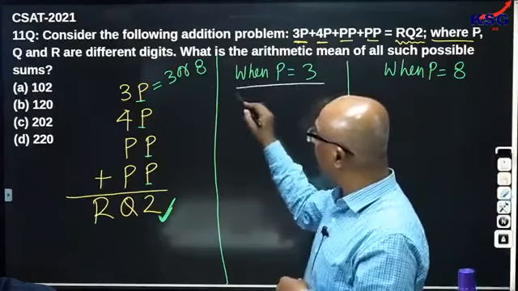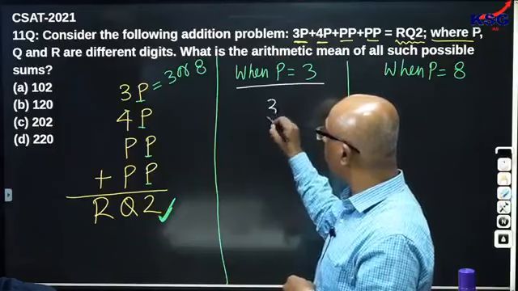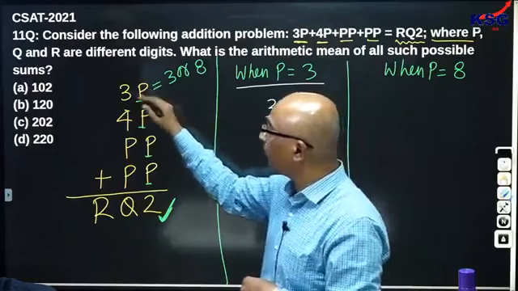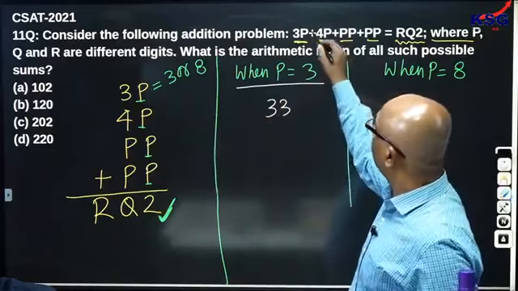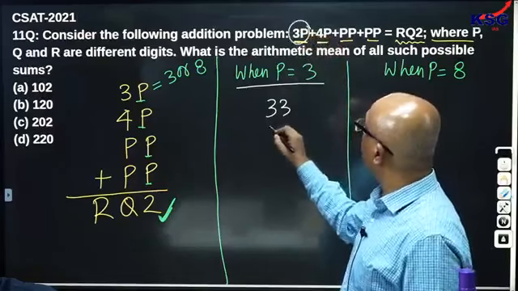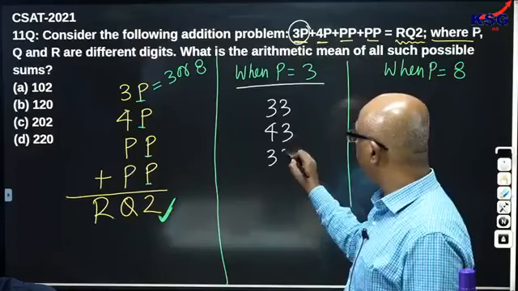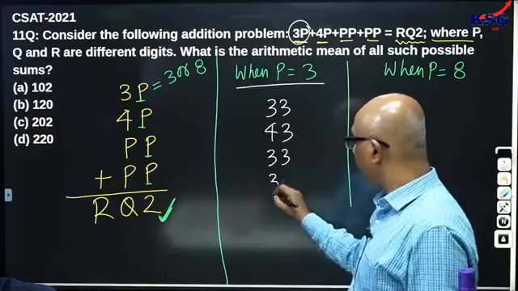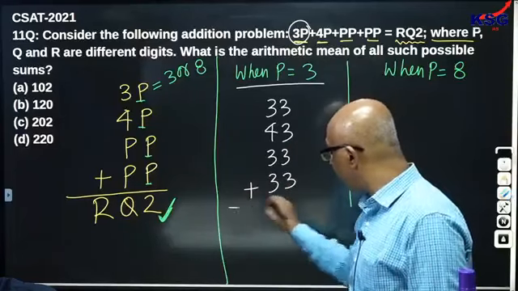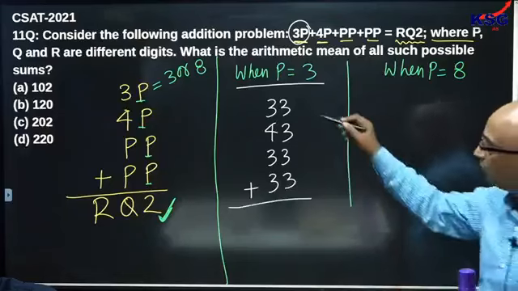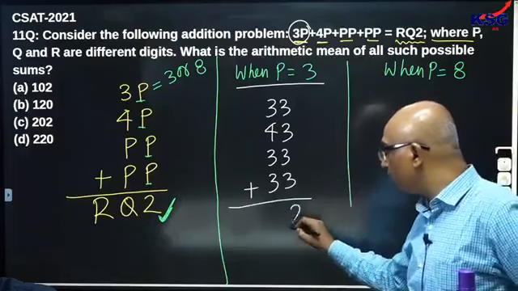When P is 3, then the first number is 33, because 3P, replace P by 3, so 3P will be 33. Then 4P is 43. PP is 33. Again PP is 33. And just add them. So 3 added 4 times, 3 4s are 12, 2.